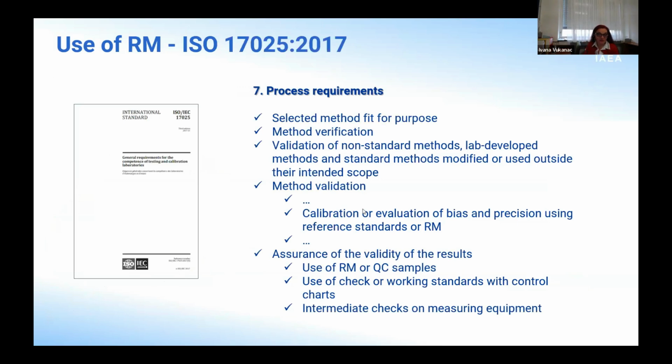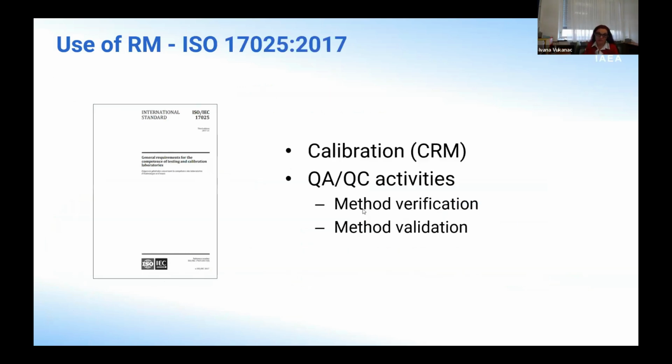Further, in clause 7, we have requirements regarding the process, saying explicitly how and where reference materials could and should be used. So, to summarize, reference material could be used in all stages of measurement process, including calibration and different QA/QC activities.